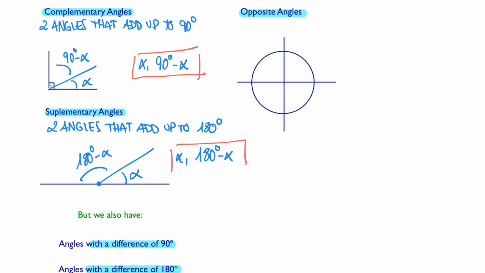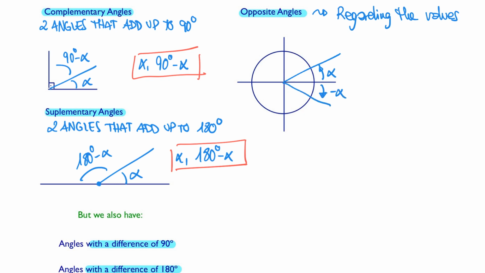The next definition is opposite angles, and this definition is regarding the values, the numbers, which means that we are going to have here alpha with this sense, and here negative alpha.